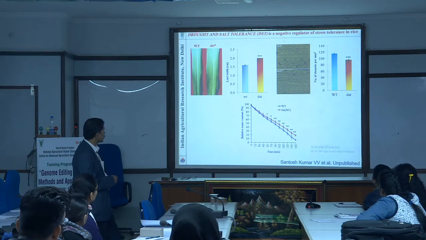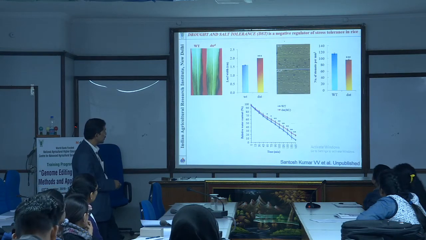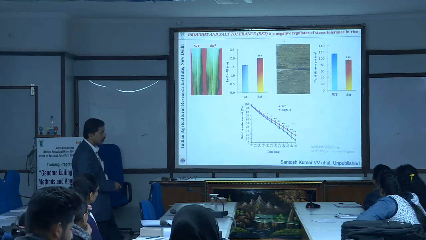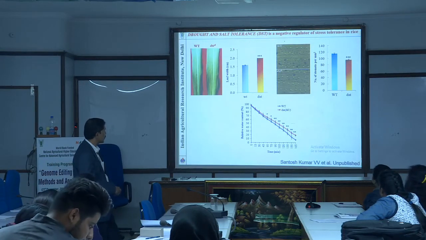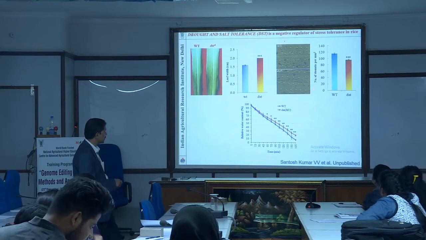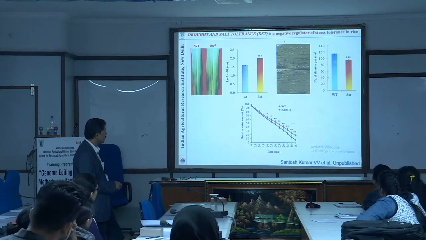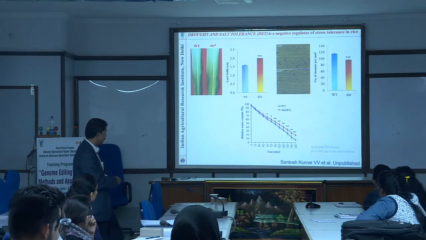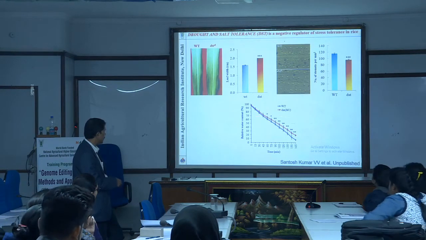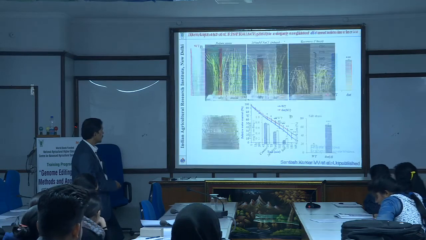They have also reported that mutation enhanced leaf width and reduced the number of stomata in the plant. In the deletion mutant which we generated, there was also a significant increase in the leaf width and a significant reduction in the stomatal number, and a reduction in water loss when subjected to excised leaf water loss.